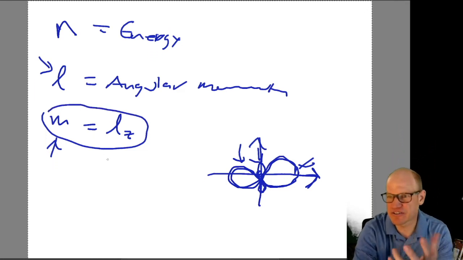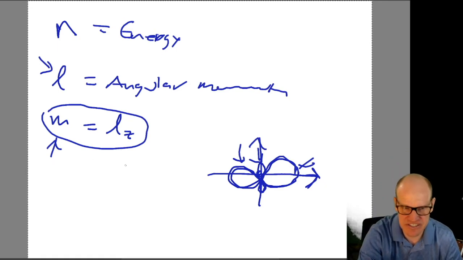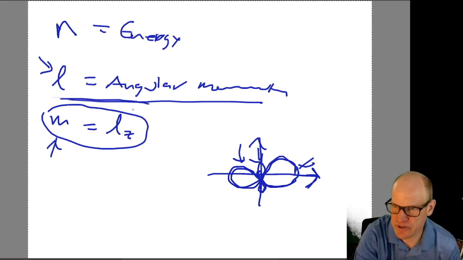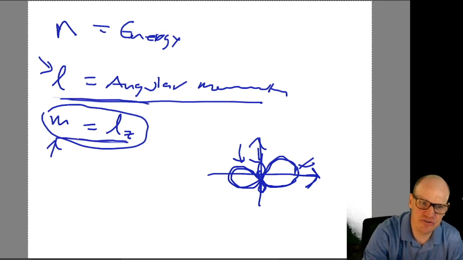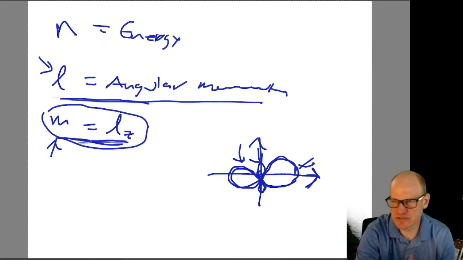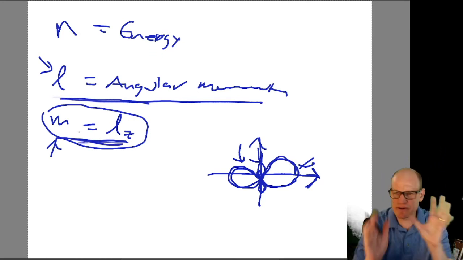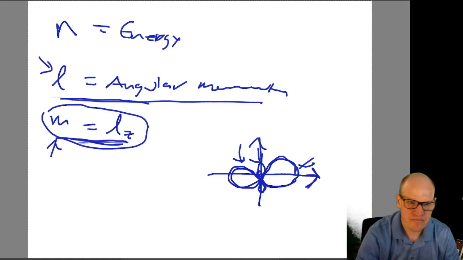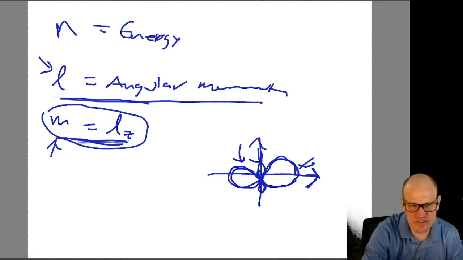So L is the total angular momentum of the system, or the angular momentum of the electron as it goes around the nucleus. M tells you how much of that angular momentum is oriented in the z direction. It's a mathematical direction that we assign because that's the coordinate system we want to use. And the projection in the z direction can be however much angular momentum you have.